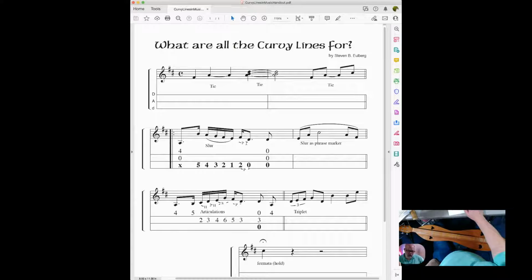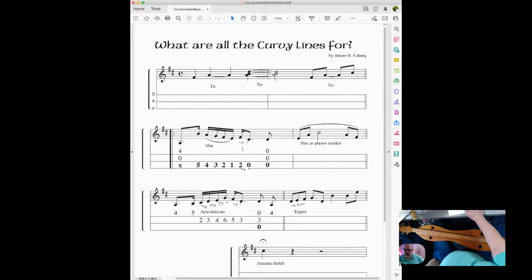Then there are the curvy lines, which have a letter in the middle of them, which are articulations. They indicate that in order to play this, I could use a pick, but what this is suggesting I do is to use a pull-off because it's got a P, a hammer-on, or a slide. The other one that can show up in this kind of curvy line is a B for a bend.